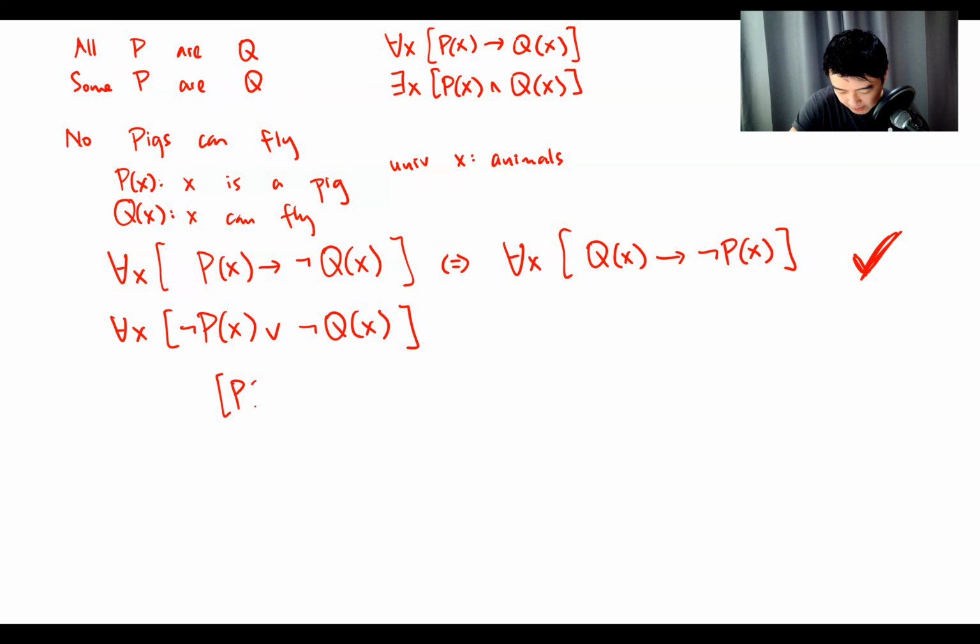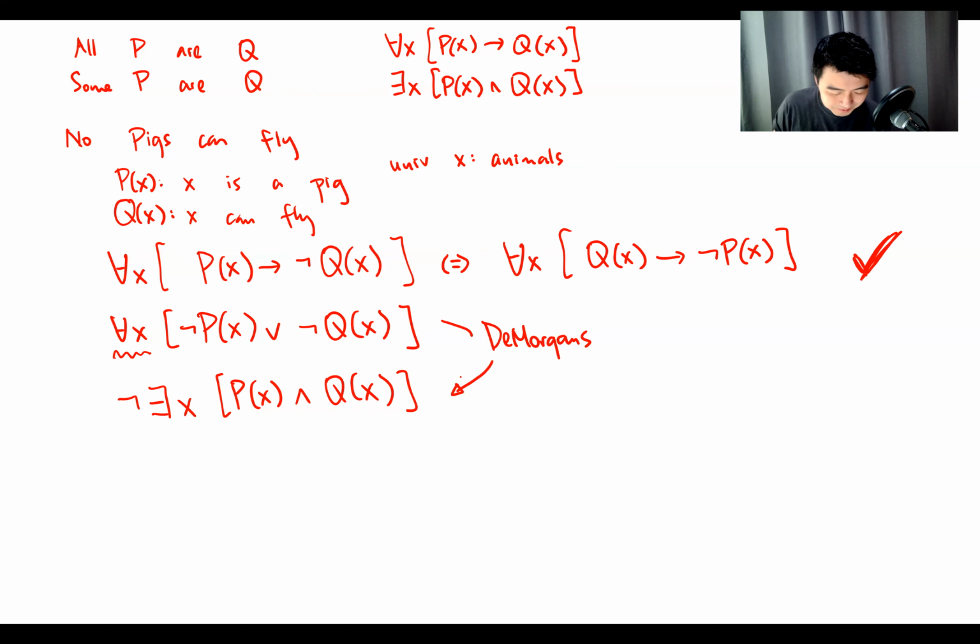So I'm going to do P and Q of X, and there's going to be a negation in this bracket. But if I pull this negation even past the for all quantifier, this for all has to become an exist. Remember that law from last time. So this is going to be a not exist X. Just verify that this was from De Morgan's law that I got this answer.